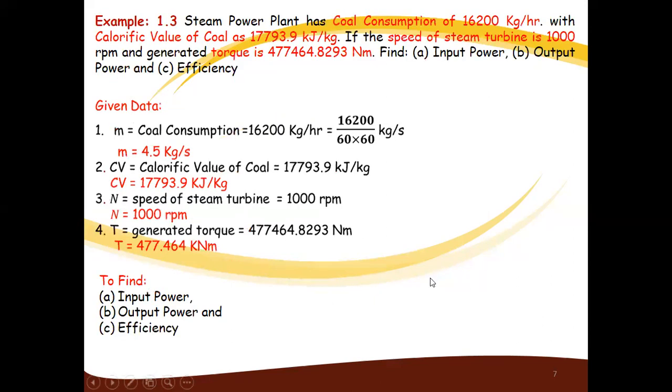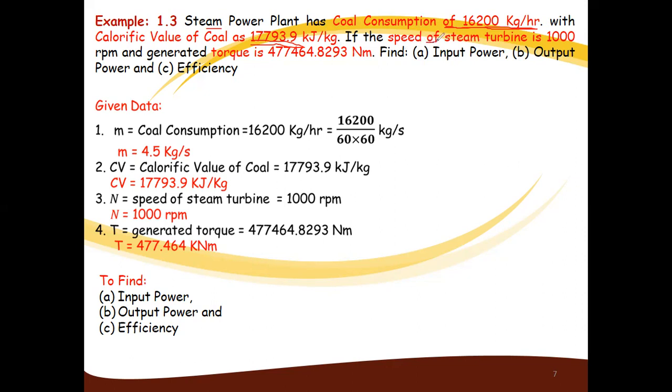Now we have another problem, that is problem number 3. In this problem, we have to find out both input power as well as output power. Again, a steam power plant is there. In that, coal consumption is given as 16,200 kg per hour, with calorific value 17,793.9 kilojoule per kg.